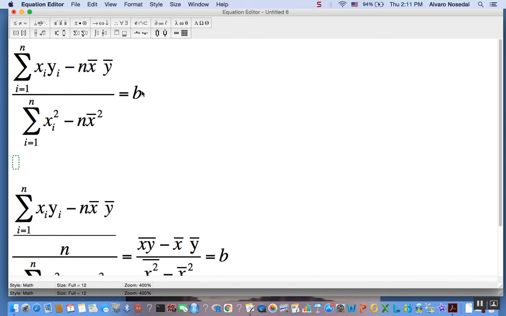So bottom line, let's summarize what we have done thus far, and then we're going to talk about an alternative form for the least squares line.